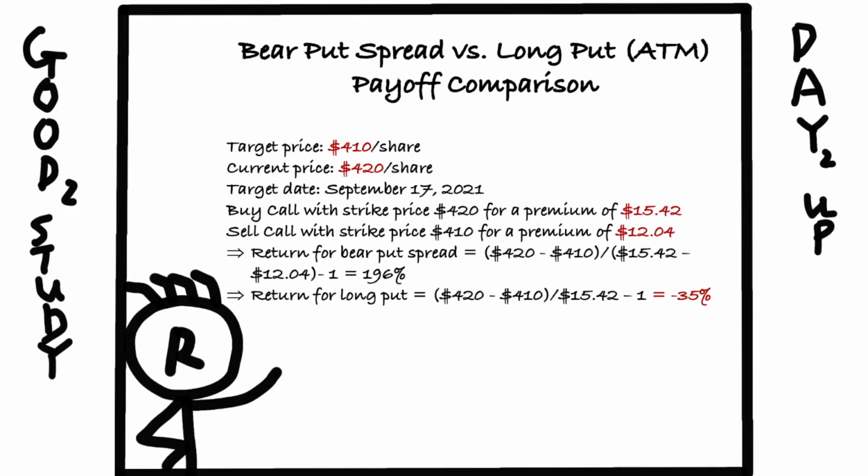But if SPY drops lower than my expected price, 410, long put can make more money because bear spread has a cap on its profit. But if the close price stays above my target price, 410, then bear spreads will lose less than long put because, again, the cost is lower.